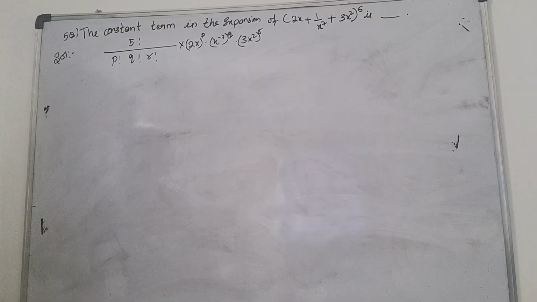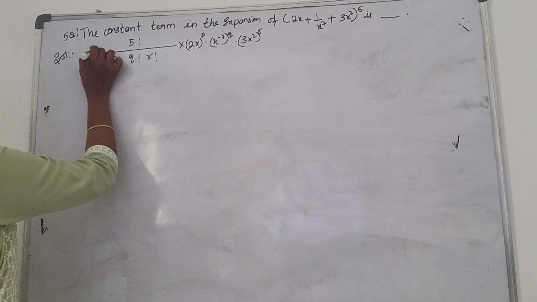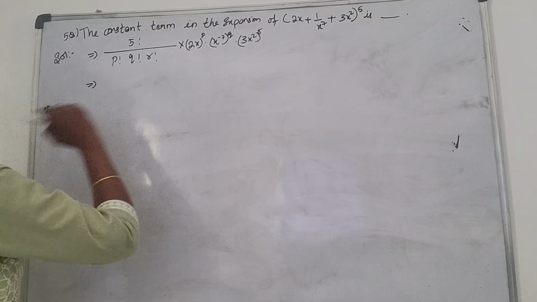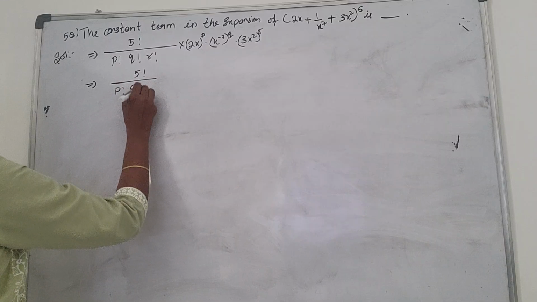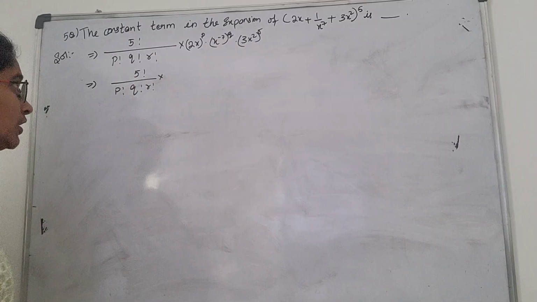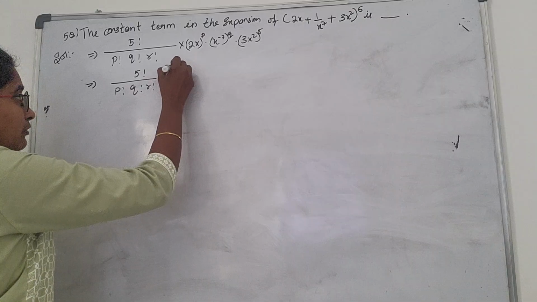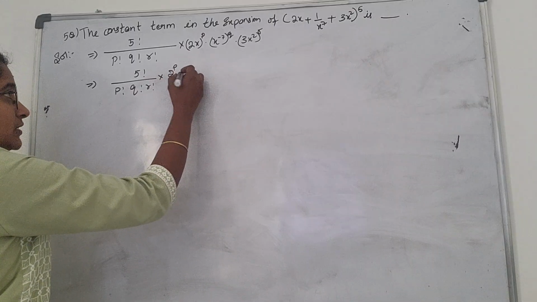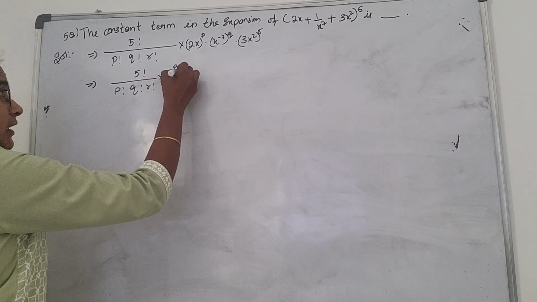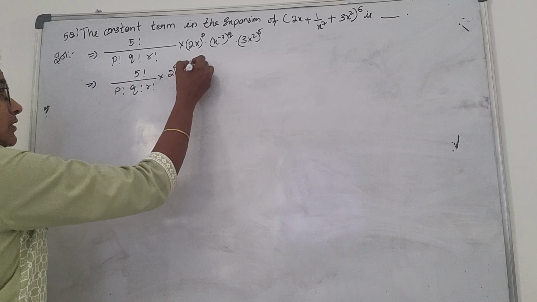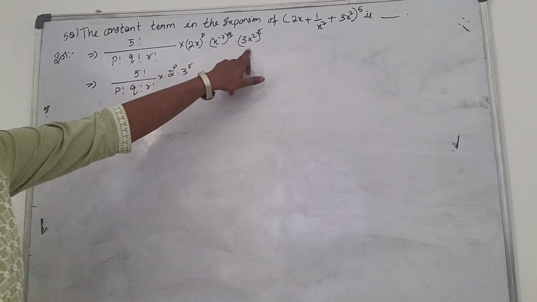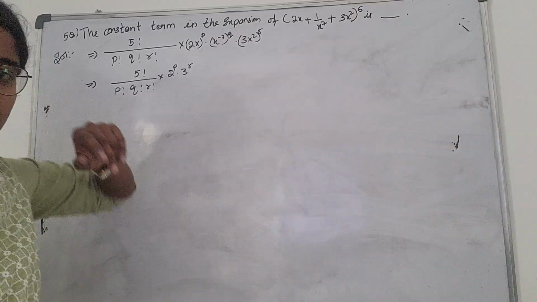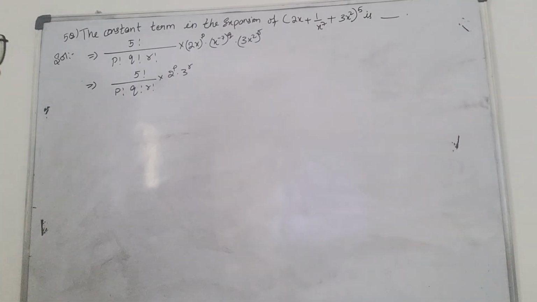Okay, so here 5 factorial by p factorial, q factorial, r factorial, 2 power of p, and the numbers I'm just taking off, then I'll get 3 power of r. So the square is on x only, not for the 3 here.